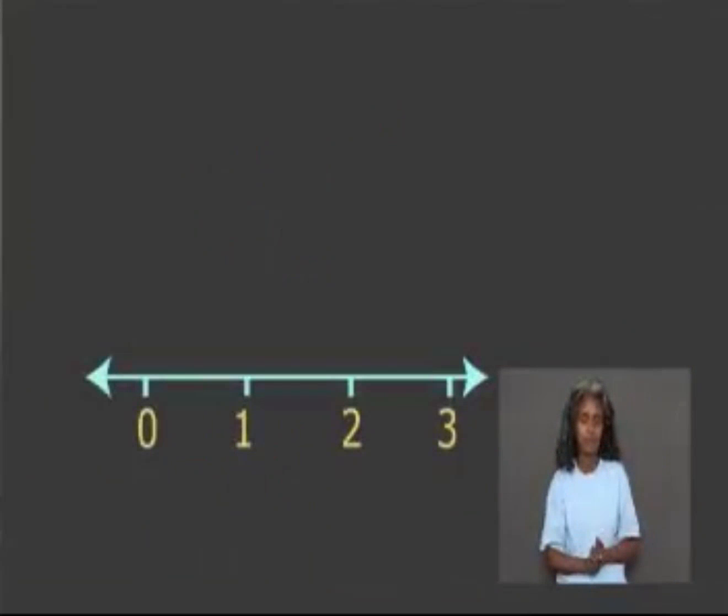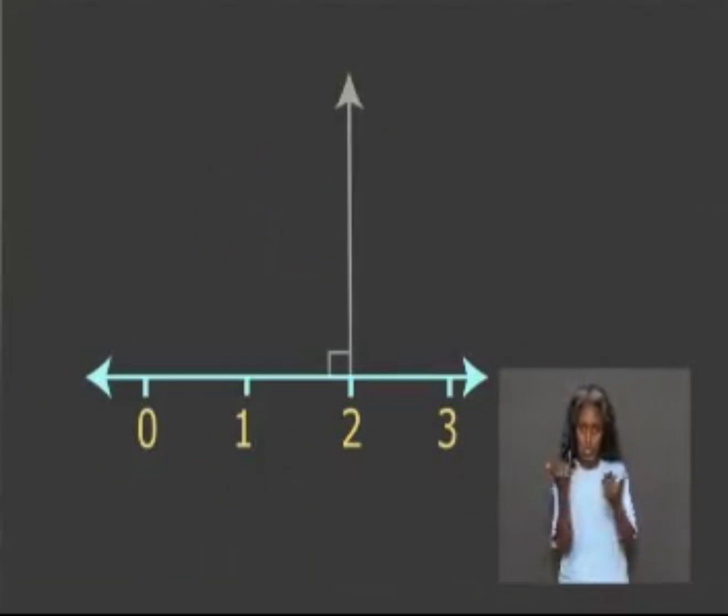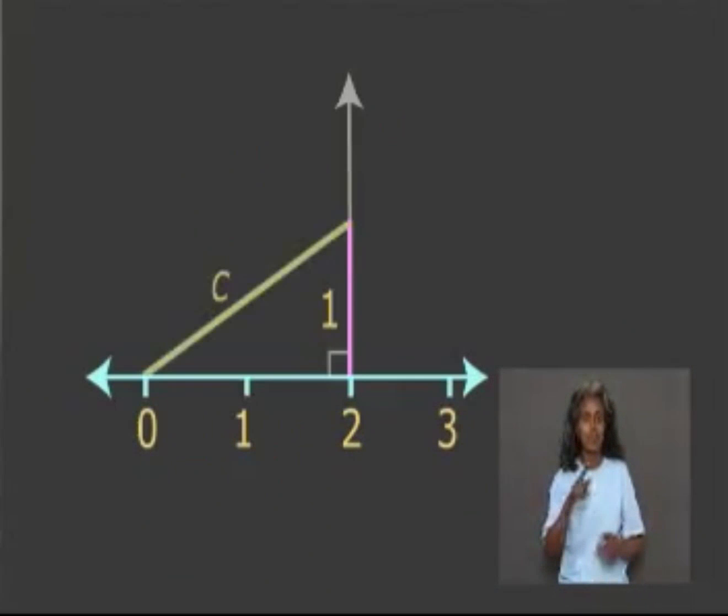At the point labeled 2, we draw a perpendicular line that is 1 unit long. Next, we draw the line segment from 0 to the top of the perpendicular line. We will call this line C.